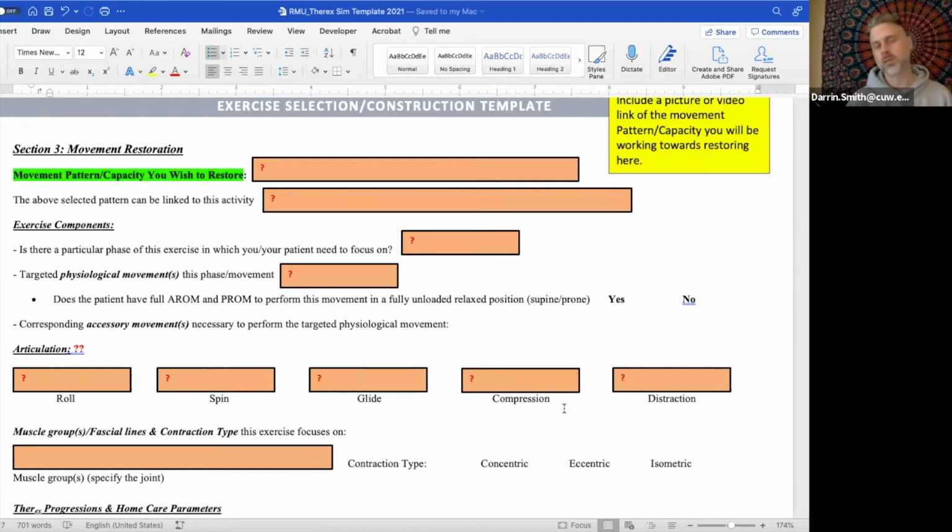Now if you're doing this with somebody in pain, that's not the easiest thing to do. And sometimes even when you relax them as much as possible, you are not going to be able to get them completely unloaded, laying down on their back, on their stomach, on their side. Sometimes you just cannot find a position in which you can shut the pain off and the person can just relax for a variety of reasons, right?